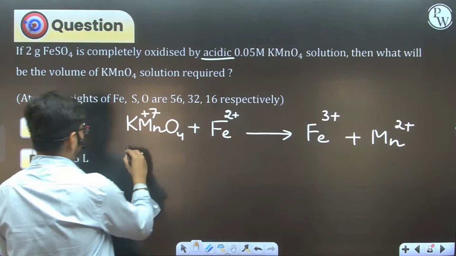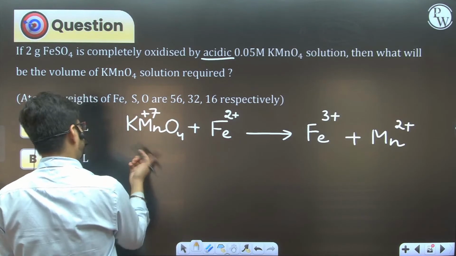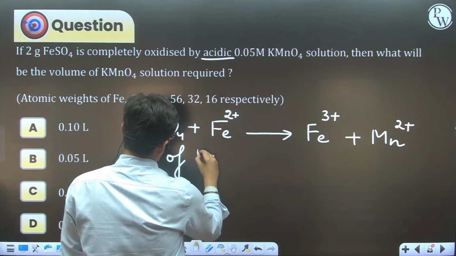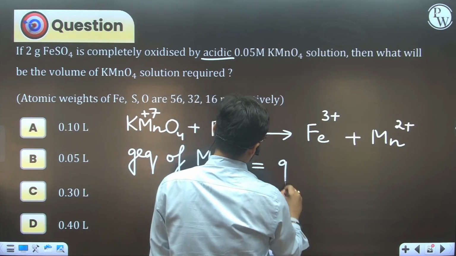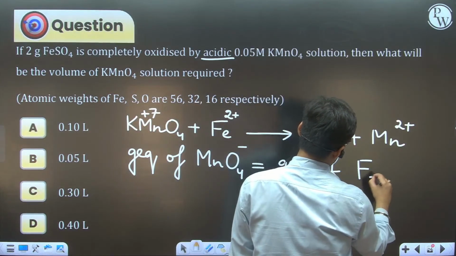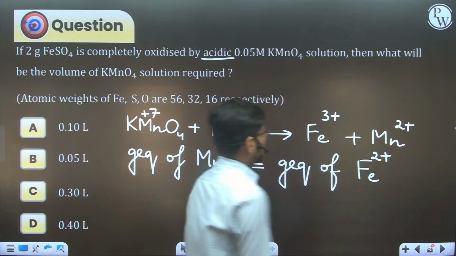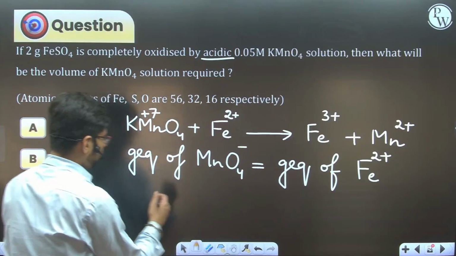For any redox reaction, we can simply write MEQ, or GEQ also, whatever it is. So GEQ of MnO4 minus is equal to GEQ of Fe2 plus. The oxidizing agent is MnO4 minus and the reducing agent is Fe2 plus.